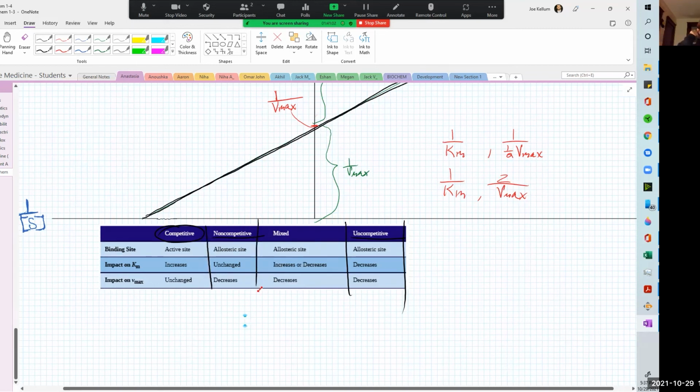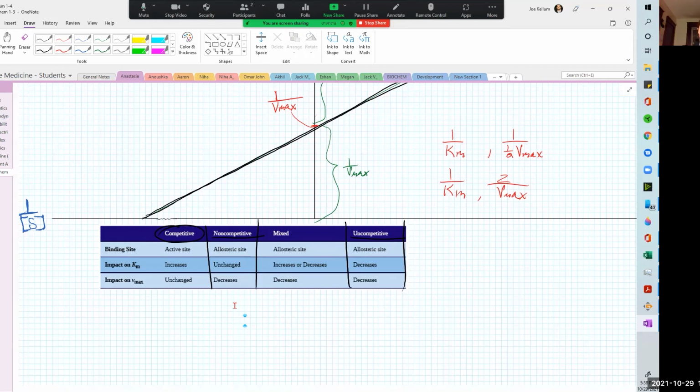Okay, so all of these are going to bind to the allosteric site, but you're going to find there's an excerpt in the textbook, or whatever review book, that talks a little bit more specifically than that about what they bind to. And this is the way to memorize these without actually having to memorize.